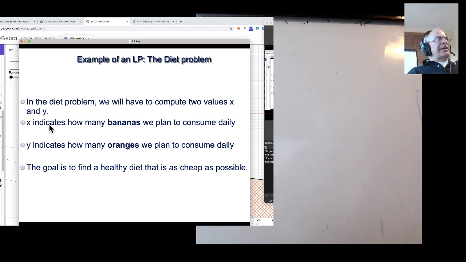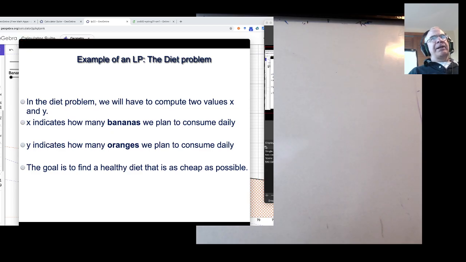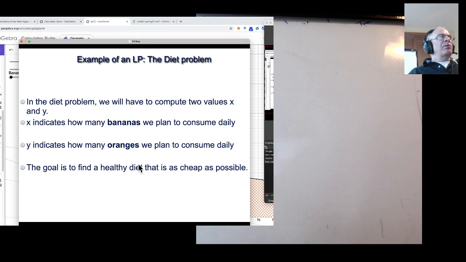restart. We want to find how many bananas to eat per day and how many oranges to eat per day in a way that will provide a healthy diet. Namely, we will get all the vitamins that we need, and hopefully in addition, we will have the cheapest diet that we can accomplish while being healthy. So what inputs do I need for the problem?